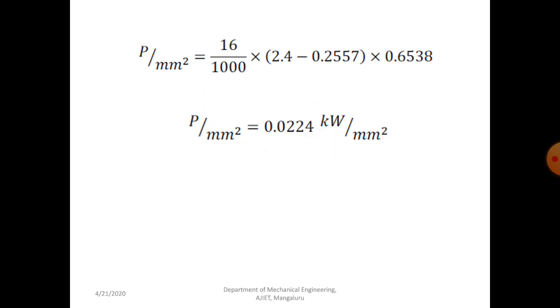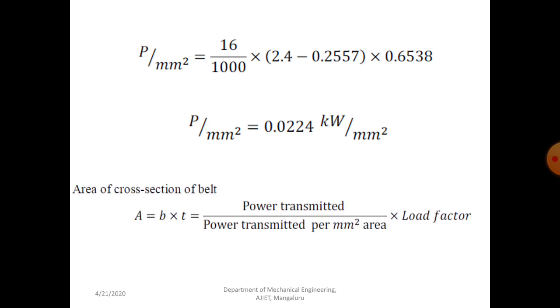So that is very easy, because they have already given the power transmitted. So power transmitted divided by power transmitted per mm² area, you will get the area of the belt. So the area of cross section of the belt is A equal to B into T. But you have to consider here the load factor.